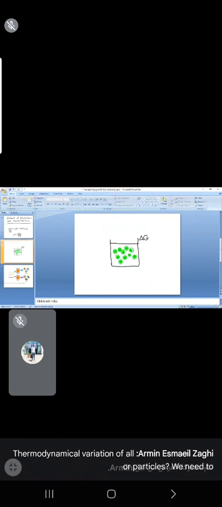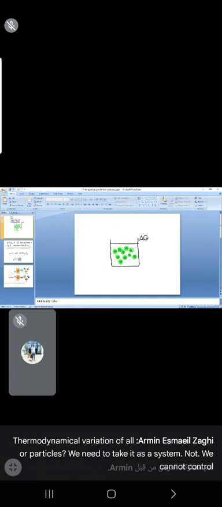We need to take it as a system; we cannot control the temperature of one nanoparticle. We have a system, a jar, a vessel, a flask in the lab.